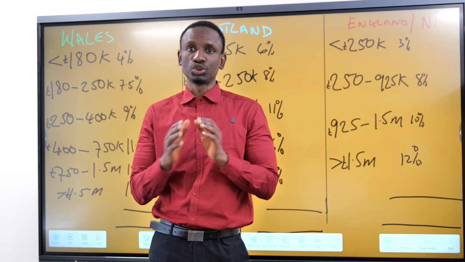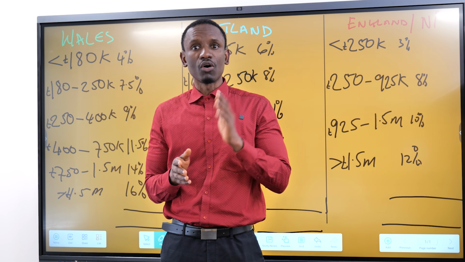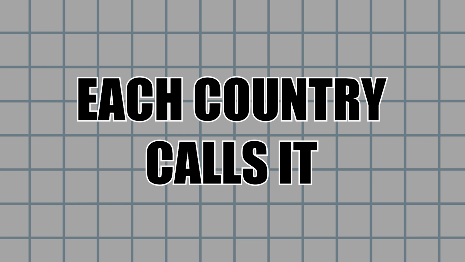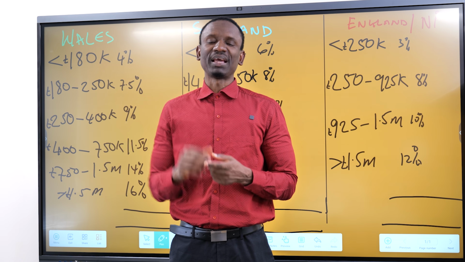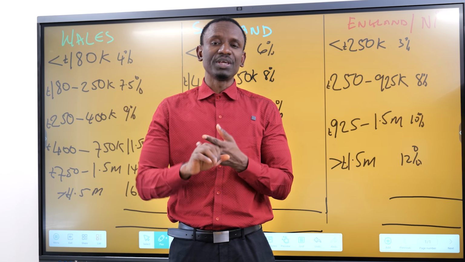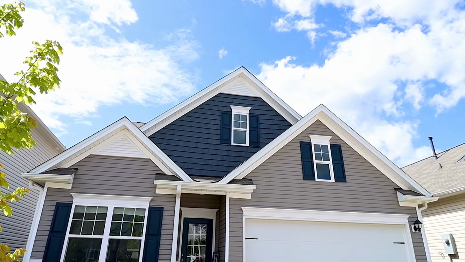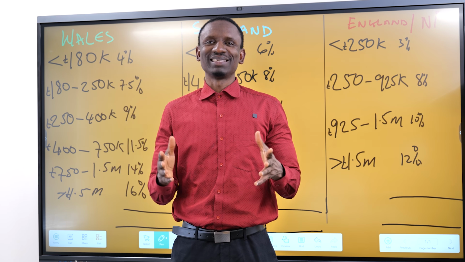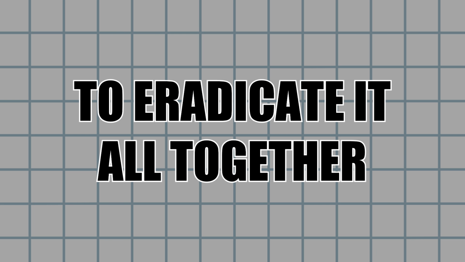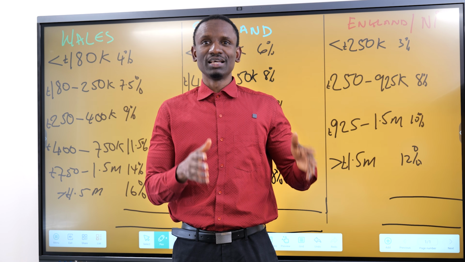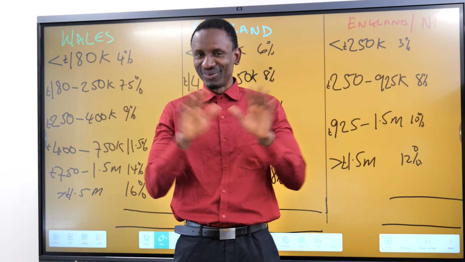So in this video, I'm going to share with you the name of the taxes each country calls it, how to calculate the tax on a step-by-step basis, and what your total tax would be to buy a specific property. Most importantly, how to mitigate the tax you would pay, and in some instances eradicate it altogether so that you do not need to pay that tax, legally, not illegally.